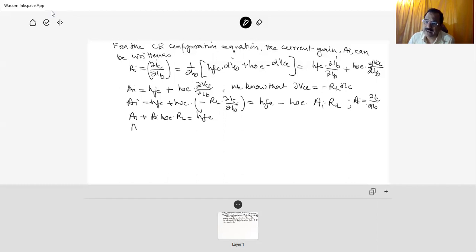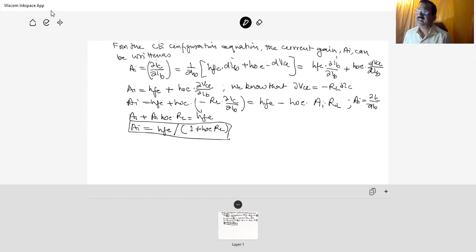So AI is equal to HFE divided by 1 plus HOE RL. This is the current gain. This is a very important equation, and we will use it for the further discussions.